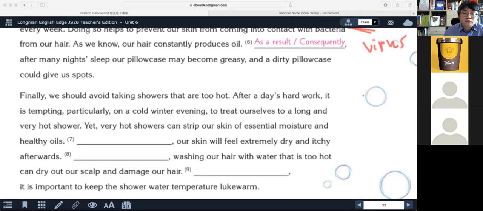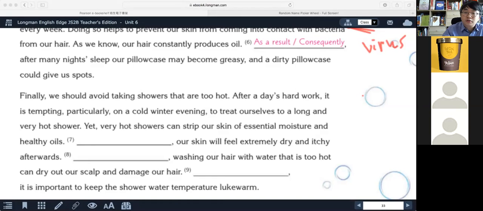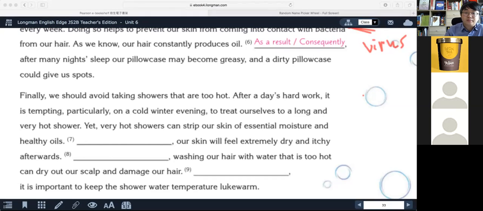Yet very hot showers can strip our skin of essential moisture and healthy oils. As a result, our skin will feel extremely dry and itchy afterwards.